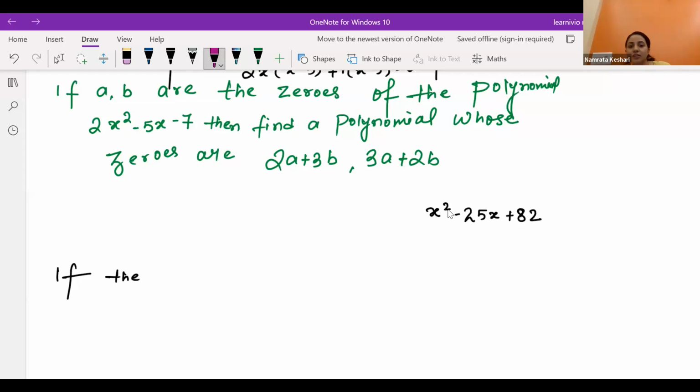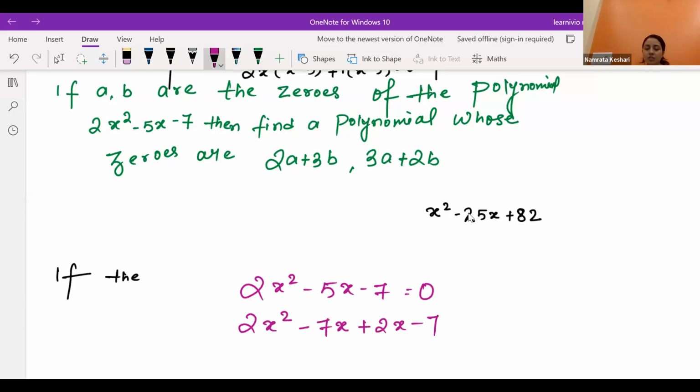Okay, however, let's do it. We need to check whether this is the answer or not. So a and b are the zeros of the polynomial 2x squared minus 5x minus 7. We will try splitting the middle term and finding the zeros. 7 and 2 look like factors. So minus 7x plus 2x minus 7.